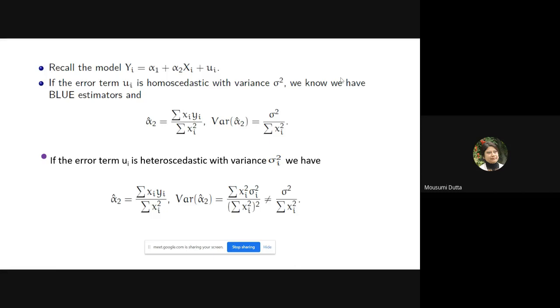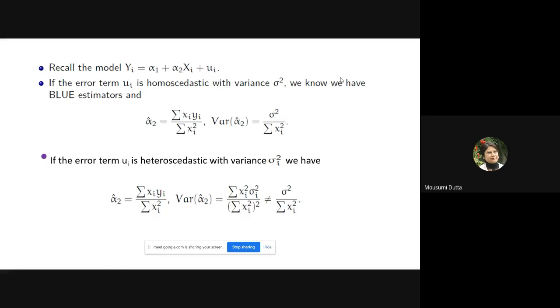Now, instead of homoscedasticity, if we invite heteroscedasticity, the structure of alpha 2 hat will not change. The estimated value will not change. Still, it will be based on the initial regression model, so yi is equal to alpha 1 plus alpha 2 xi plus ui. There will be no change in the estimation process, and you can present the estimator as summation xi yi divided by summation xi square.